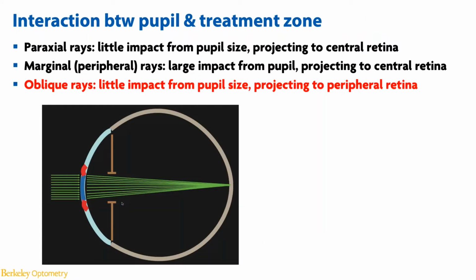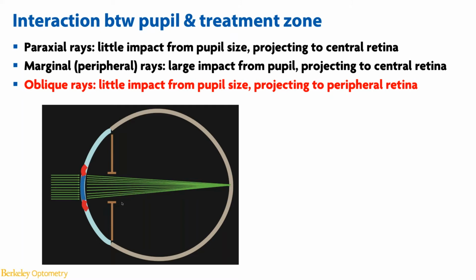A related discussion is on how the pupil size is interacting with the post-ortho-K corneal shape and why we're focusing on really pushing for a smaller OZ in the ortho-K treatment and to hopefully achieve a better anti-myopia efficacy.